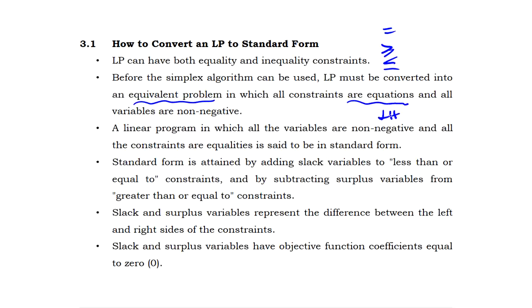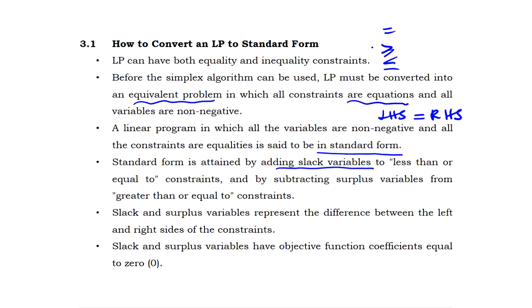So the left hand side must equal the right hand side. A linear program in which all the variables are non-negative and all the constraints are equalities is said to be in standard form. Standard form is attained by adding slack variables to less than or equal to constraints and by subtracting surplus variables from greater than or equal to constraints.